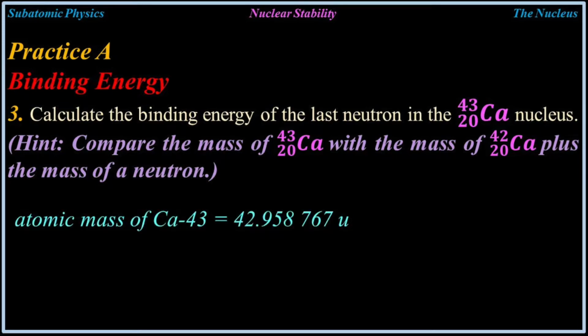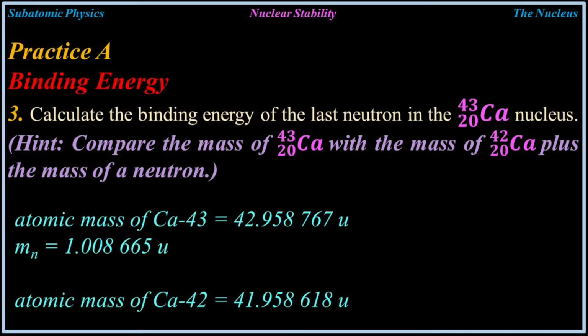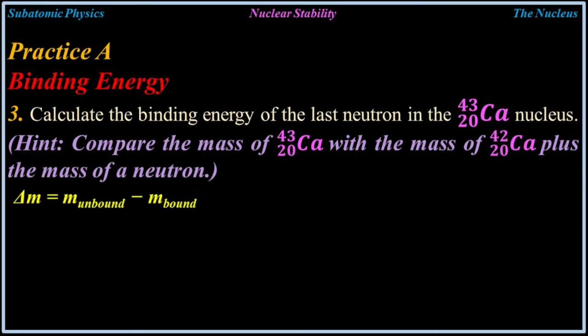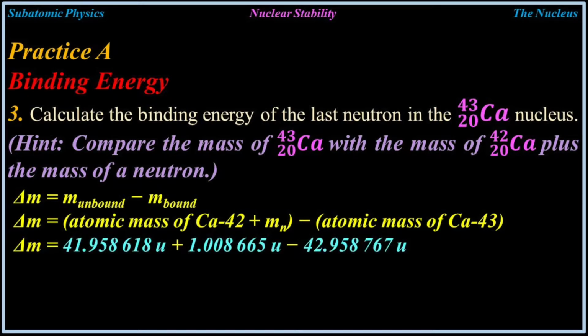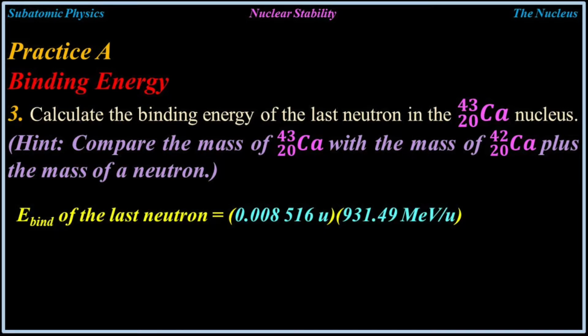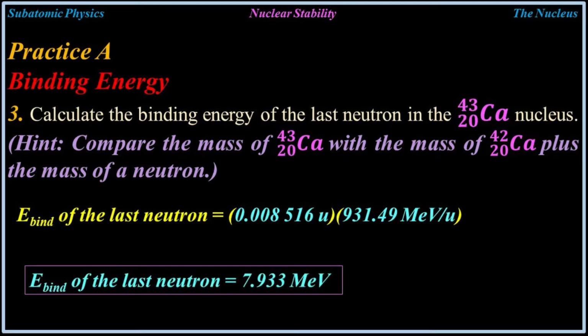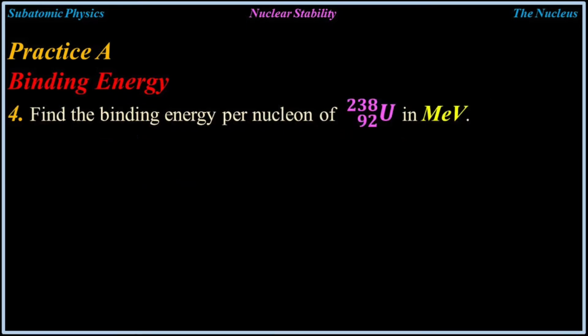The atomic mass of calcium 43, the Mn, the atomic mass of calcium 42, the delta M will be, all right, 0.008516, and the E bind of the last neutron will be 7.933 mega electron volts.